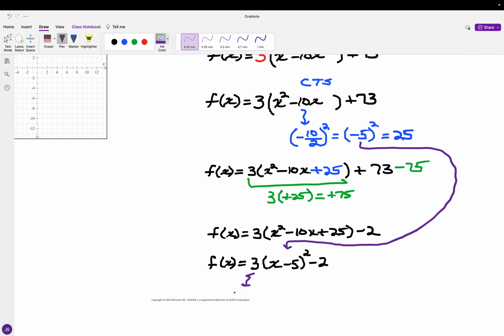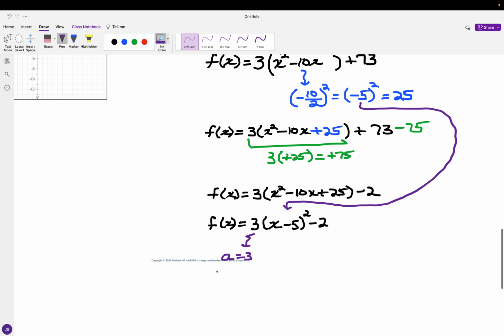Okay, and for what we have in terms of identifying the vertex, right now we got for the coefficient a, that is 3. 3 is positive. And so you would have from this that the graph is going to open up.